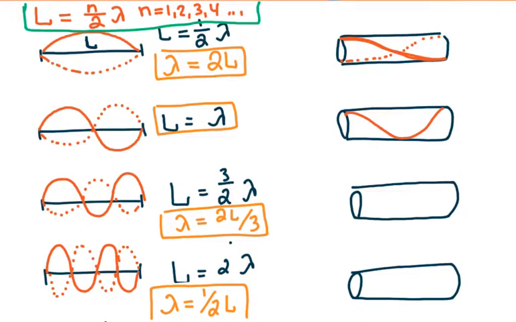So the first, when you blow, there's going to be less molecules inside of the pipe than there are outside of the pipe. So it looks like it's more dense air outside than it is inside. So when the reflection happens, it is 180 degrees shifted.